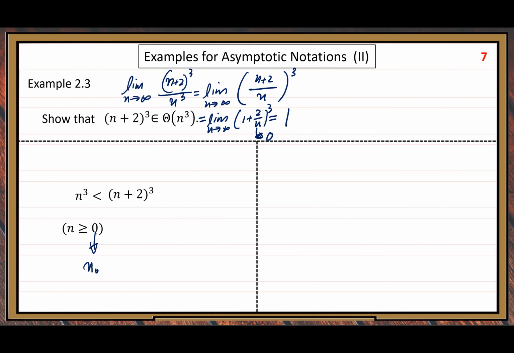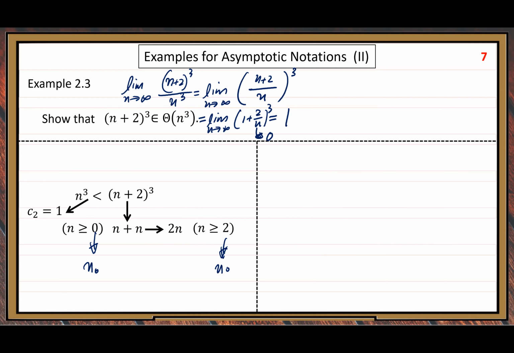Then for the upper bound, similar to our 2.1 example, C2 equals 1. We replace n plus 2 by n plus n, and we know in this case our n0 equals 2.